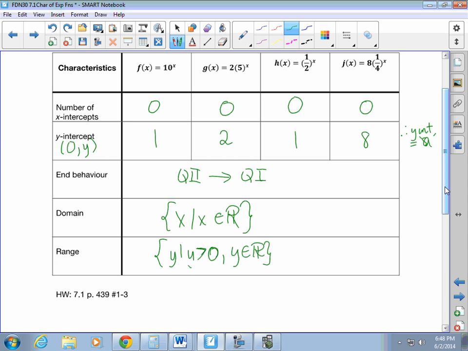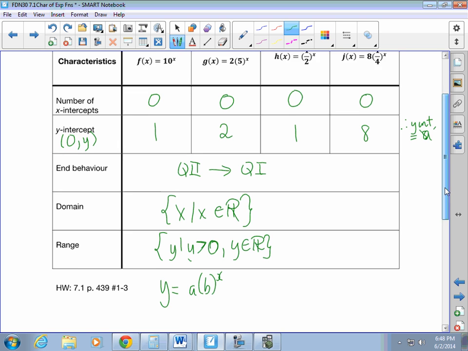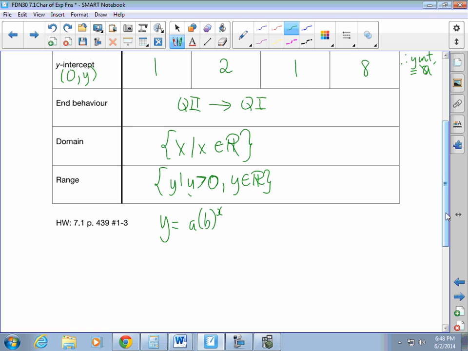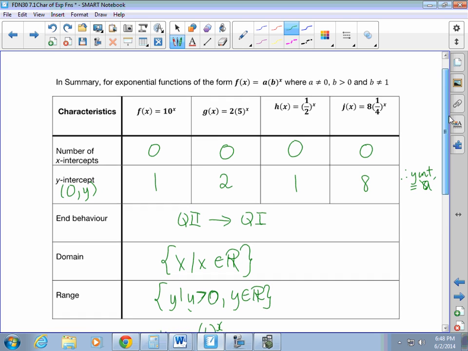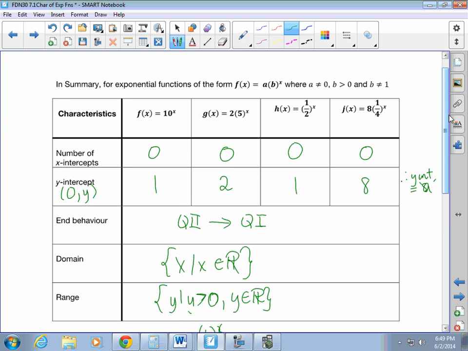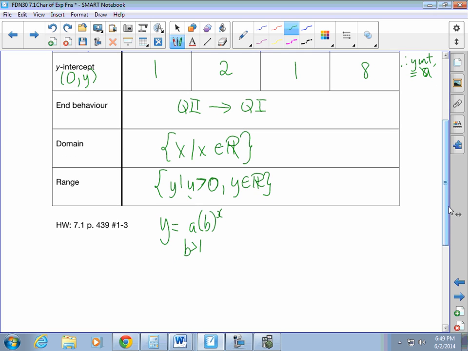What the other thing you might notice is whenever we had our function y equals a times b to the power of x, and our b value was greater than 1, like this one and this one, our graph went in a specific direction.